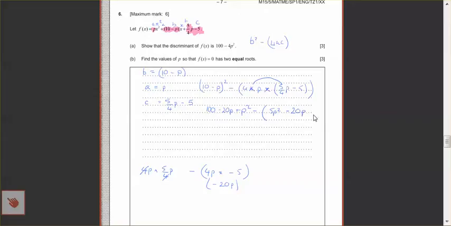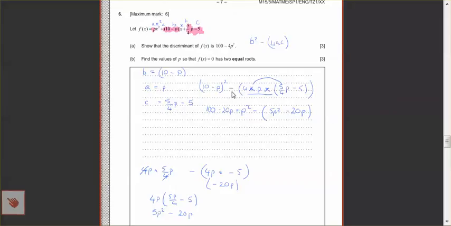Isn't it plus if it's minus 20? Yeah, but I'm doing this in brackets, so it's still in brackets. Just to make it clear, it's 4p times 5p over 4 minus 5, so that ends up being 5p squared minus 20p. A bit clearer like that, yeah?